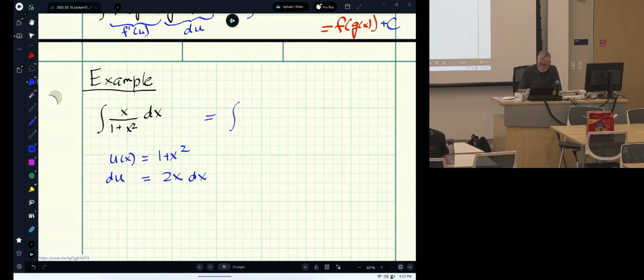And so this becomes 1 over u du. x dx is du. 1 over 1 plus x squared is 1 over u. And so that's logarithm absolute value of u plus a constant.